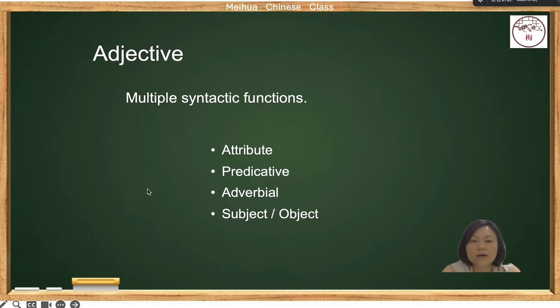Actually the adjective in Chinese takes on multiple syntactic functions. Apart from the most common syntactic function we all know about, an adjective functions as an attribute before a noun. I would say that's the only syntactic function it performs in the English language.